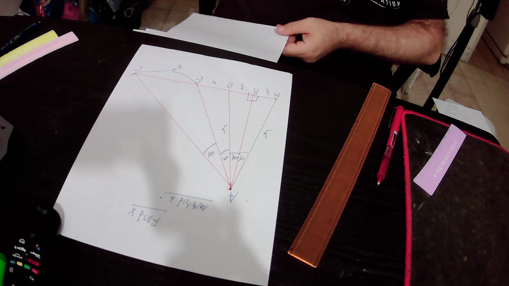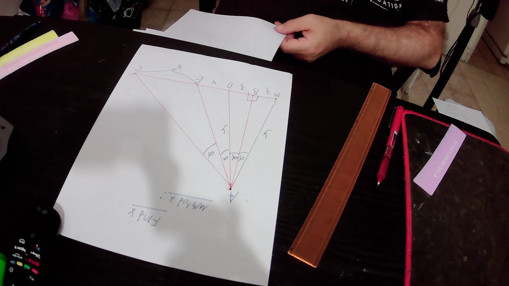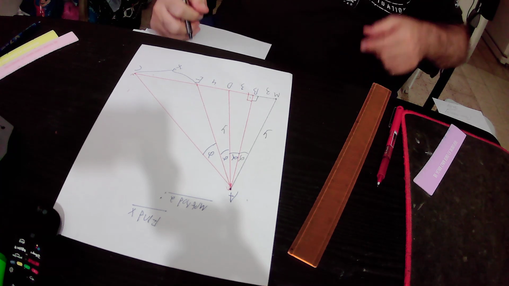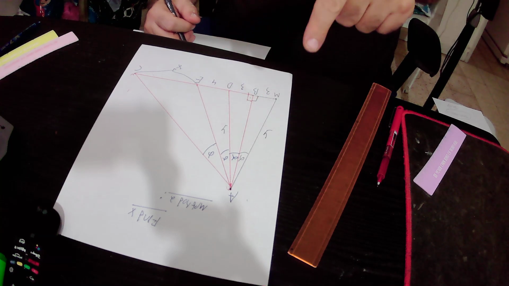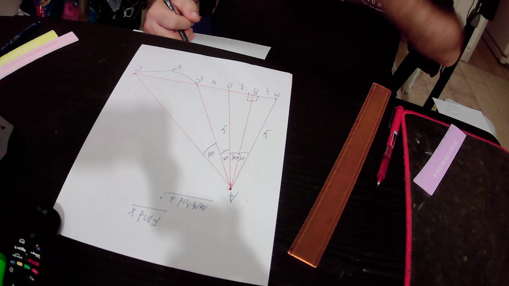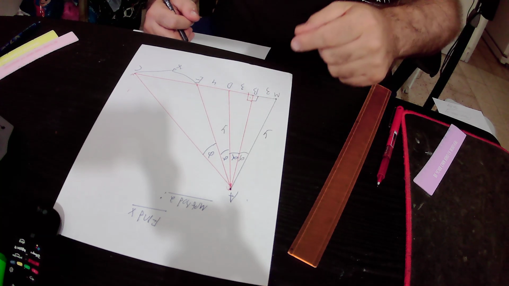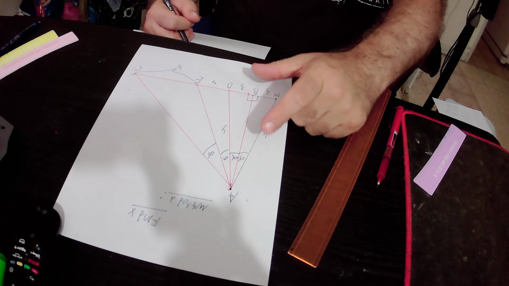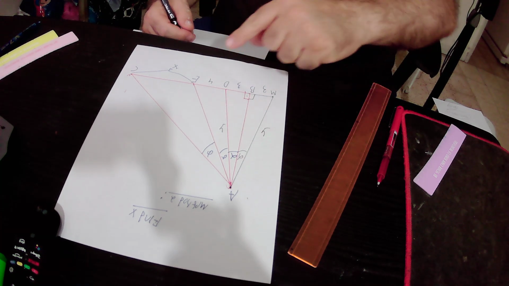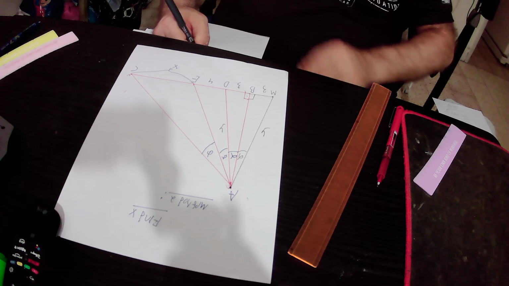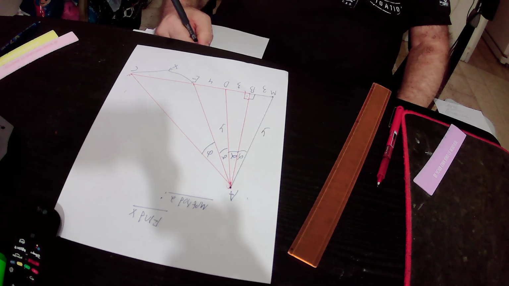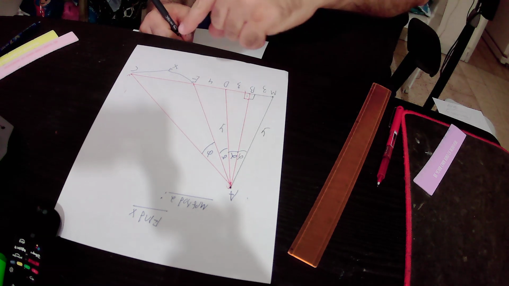And according to the rule that I presented to you, when you have an angle bisector inside the triangle, the following relationship exists between its sides. AD over DE equals AC over EC.